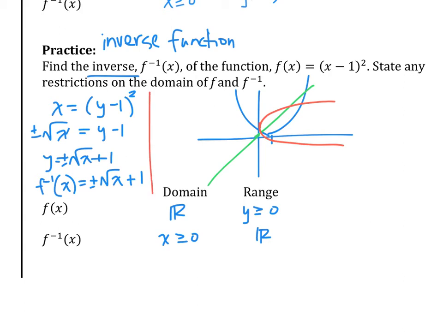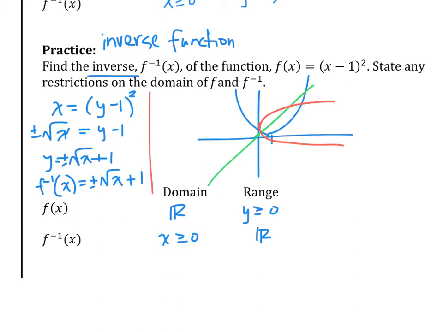When we square rooted that y minus 1 squared, we had a plus minus square root x on the left, but because it's a plus minus, it's not going to become a function. So what we can do is either restrict it so that it's only the top half, or restrict it so that it's only the bottom half.